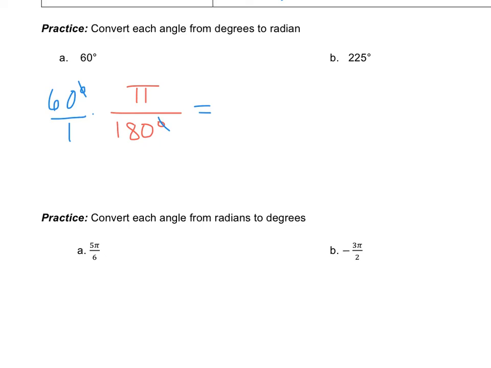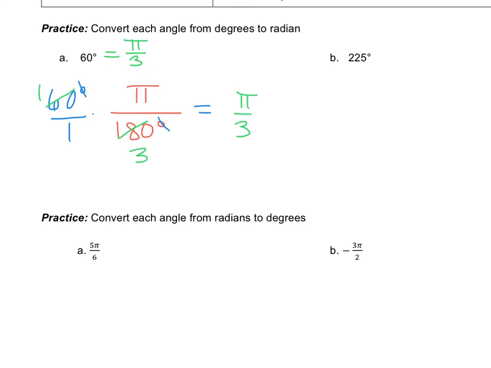Before we do this multiplication, we can do a little bit of simplifying. 60 goes into itself once, and 60 goes into 180 3 times, so we are left with pi over 3. All right, so 60 degrees is pi over 3. That's one equivalent degrees to radians that we want to remember.